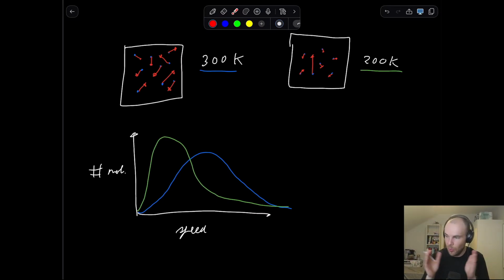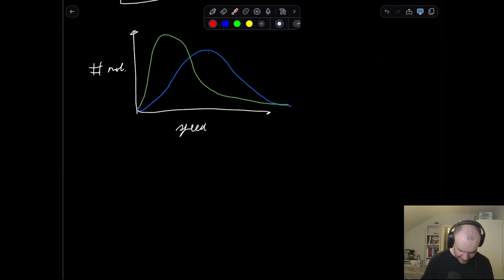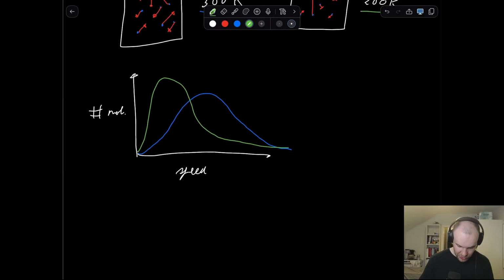Since we have more of them at less speed, this one has to be taller in order to match this curve over here, right? Okay. That is the Maxwell-Boltzmann distribution. Just a simple way of thinking about it.